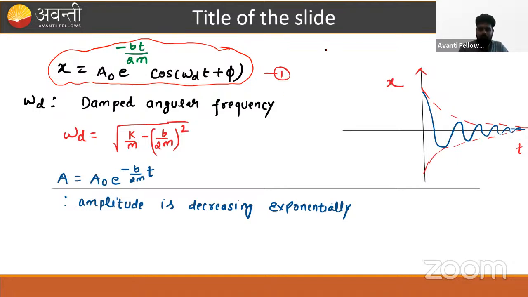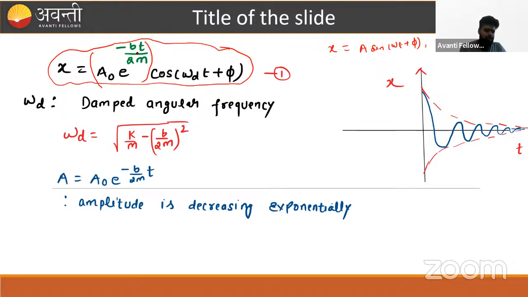When we learn simple SHM, the equation is something like A sin(omega t plus phi), or A cos(omega t plus phi). But in this case, the equation is something different. What we observe is that this term is nothing but the amplitude, and this amplitude varies with time.